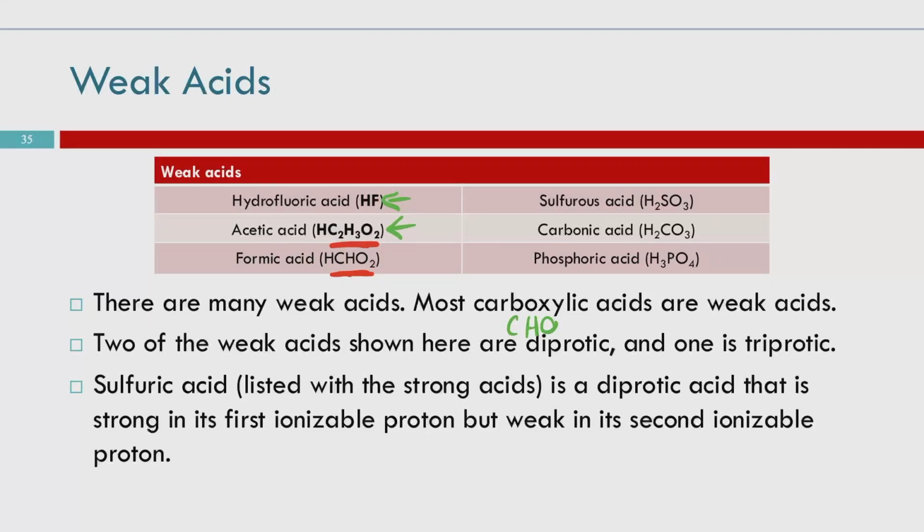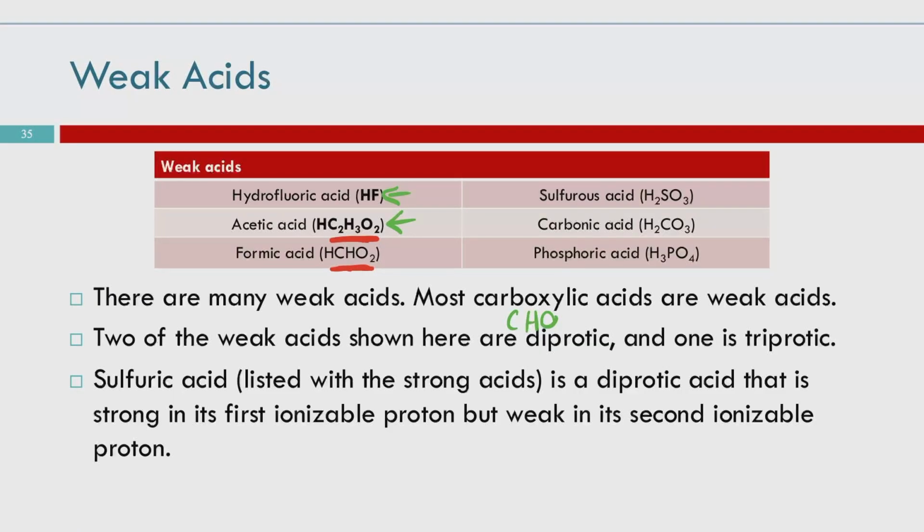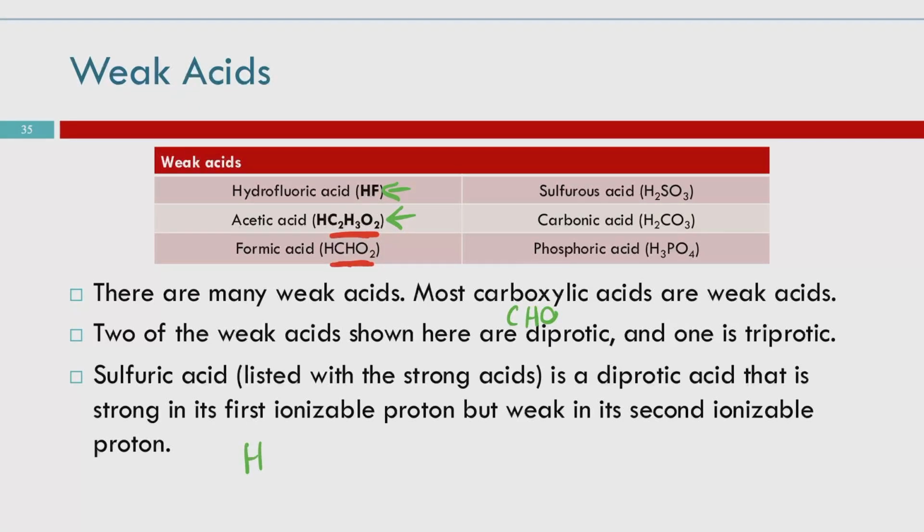We also have here an important caveat about sulfuric acid. So sulfuric acid was listed with the strong acids. And that's true, it is a strong acid. H2SO4 is a strong acid that would go to produce an H plus and HSO4 minus. HSO4 minus is a weak acid.